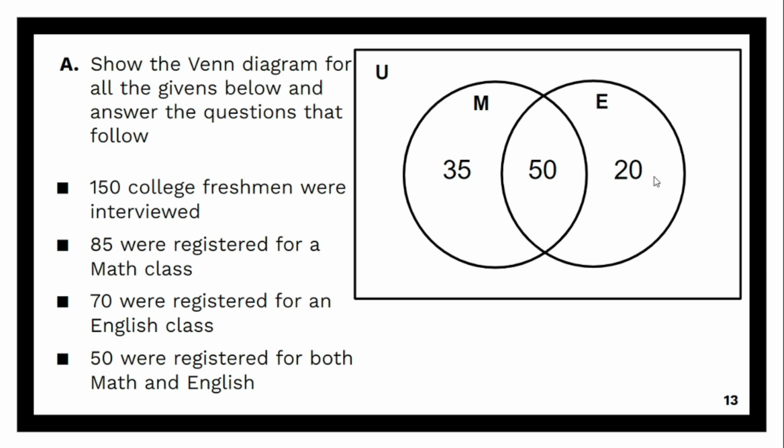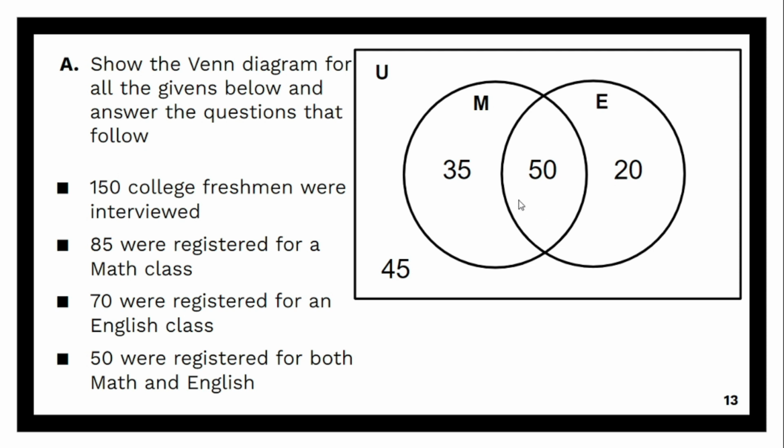Ibig sabihin, may nawawalang 45 students. Ano yun? Diyan yan sa labas. Bakit? Meaning to say, there are 45 students na ayaw ng math or English. So, ilalabas na lang natin, because that's still part of the universal set. They were still part of the respondents or part of these registered students. Kaya lang hindi in-enroll yung math or English.